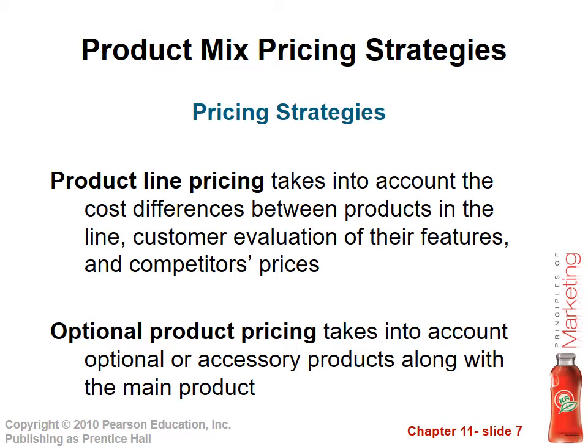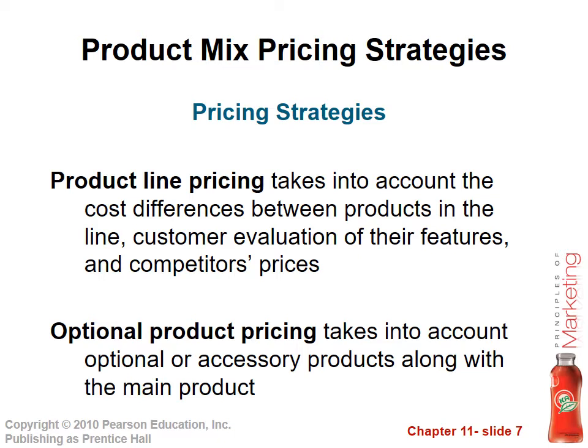So in product line pricing, when the company would like to divide their offering into different features of their product line, they will give different prices. Just for example, when you would like to buy mineral water such as Aqua, you can see that they're divided into different packages.